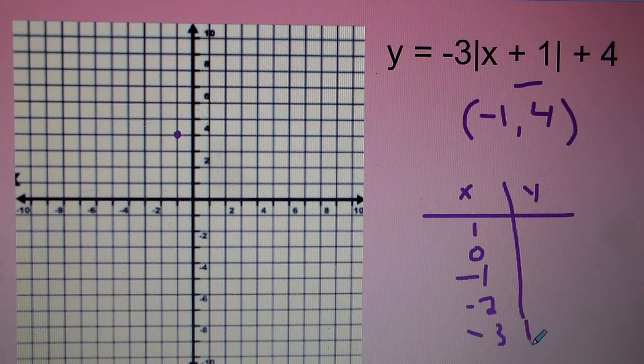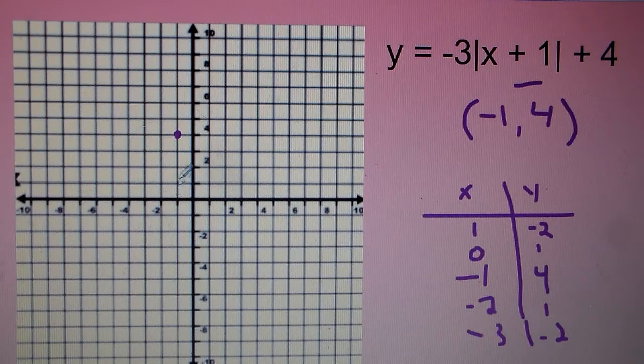-2, -3. -1 you know is 4. When you plug in 0, you get 1. When you plug in 1, you get -2. And vice versa.